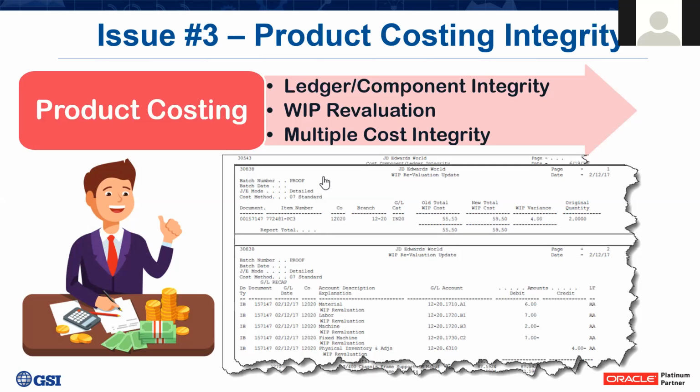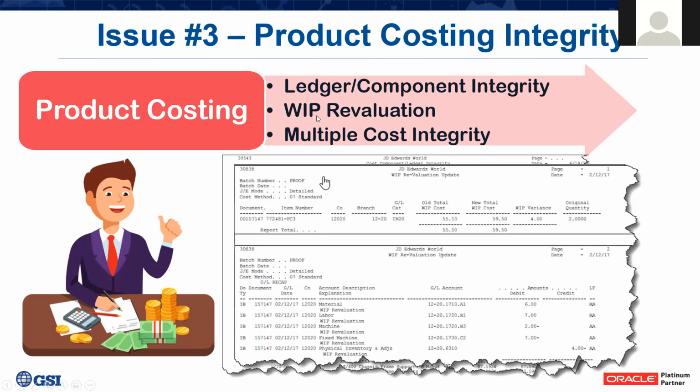So I have the old cost sitting out there on the work order. Now I issue material to it. Well, when I do that material issue, it's going to record in the inventory system at the new cost. When I finish the work order and I run manufacturing accounting, it's using the cost from the work order system, which is the old cost. So now you're going to get variances as the difference between the old cost and the new cost, right?